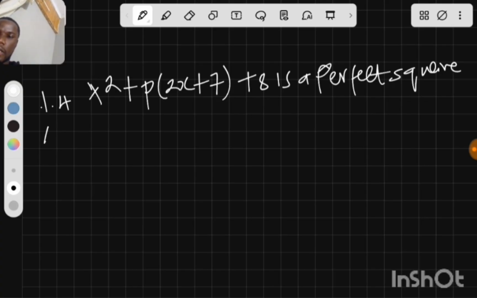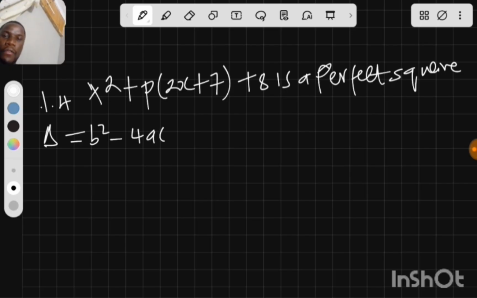We're going to use the delta, which is equal to b squared minus 4ac. But before using this formula, let's first solve our equation and make it simple.